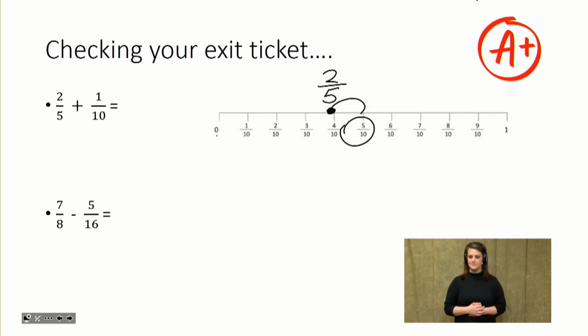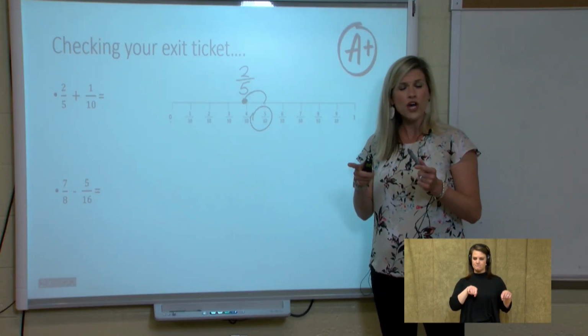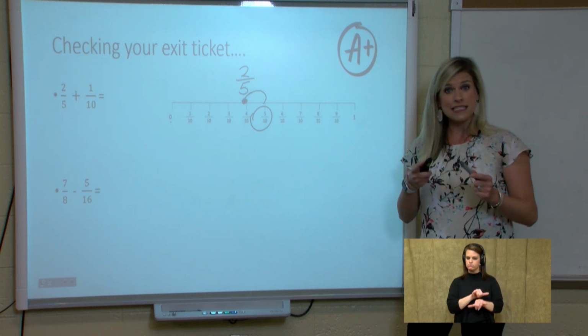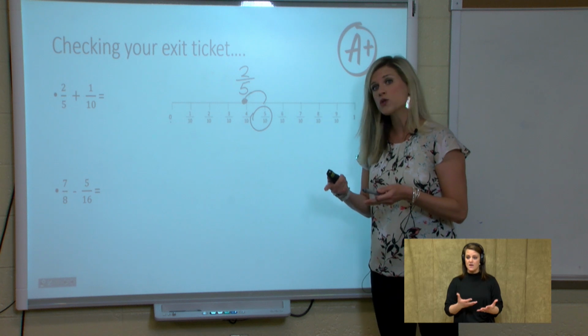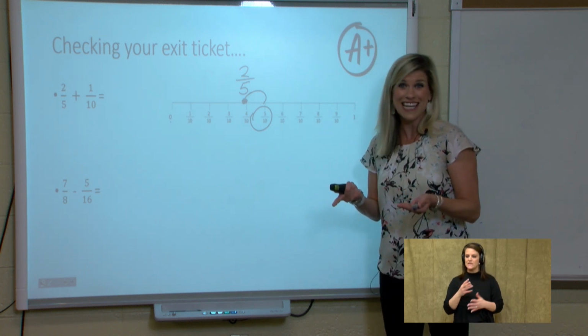The next one is 7/8 minus 5/16, or finding the difference between 7/8 and 5/16. Again, I feel like those denominators are really compatible. So when you think about 8 and 16, the lowest multiple they have in common is 16, yeah.